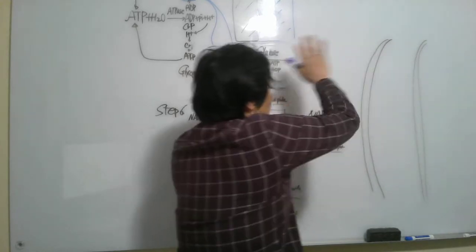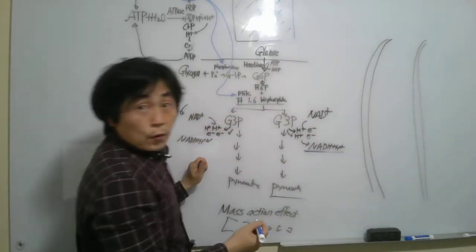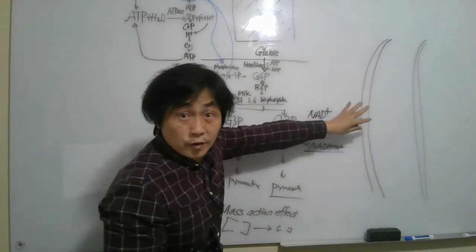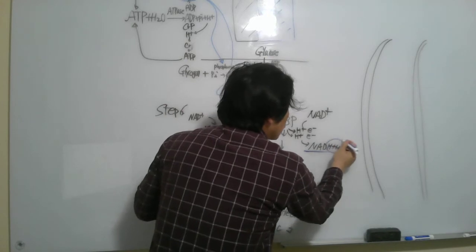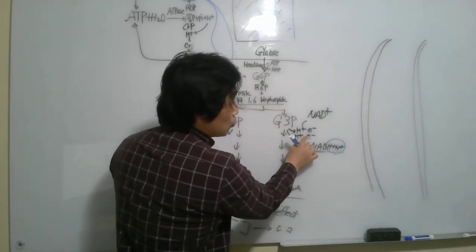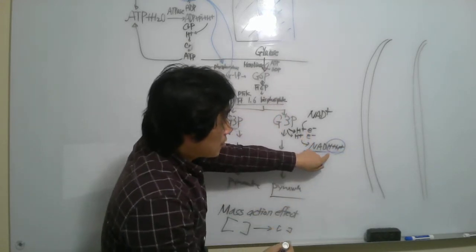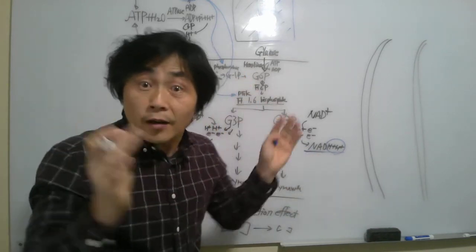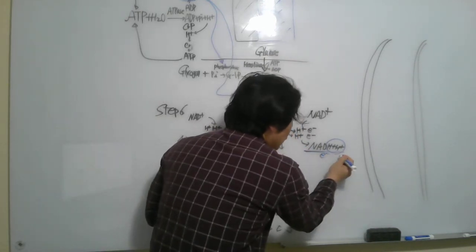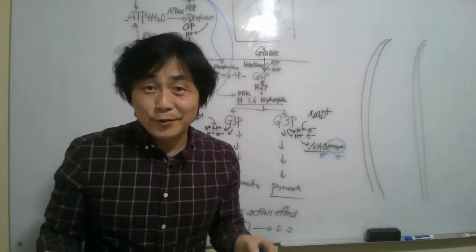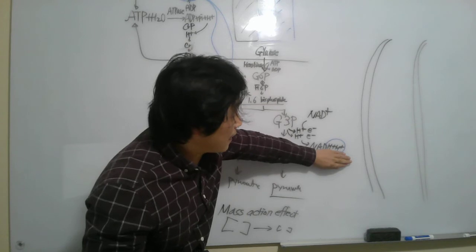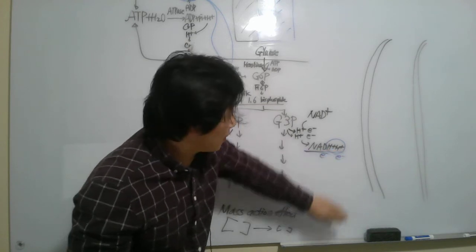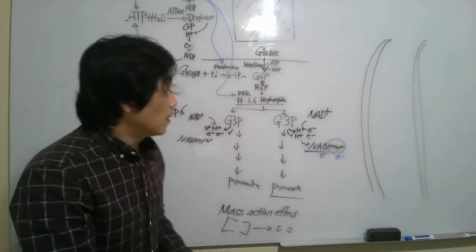So at rest, relatively low intensity exercise, NADH plus proton goes through the shuttle, but I want to simplify it. These 2 protons and actually 2 electrons too, even if I did not write the electrons here, you just imagine there are electrons, right?